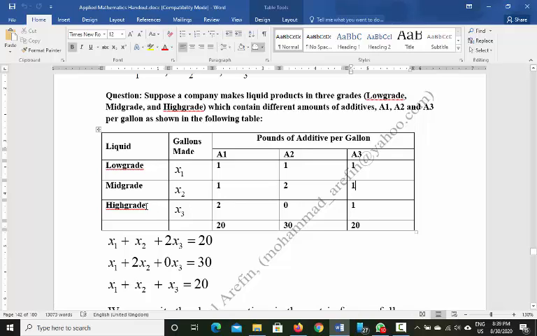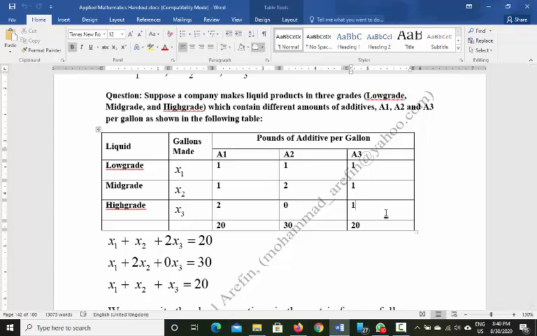If we produce high grade liquid, in every gallon, 2 pounds of A1 additive is there, A2 additive is not there, that means 0 pounds of A2 additive. 1 pound of A3 additive is there in every gallon of high grade liquid.